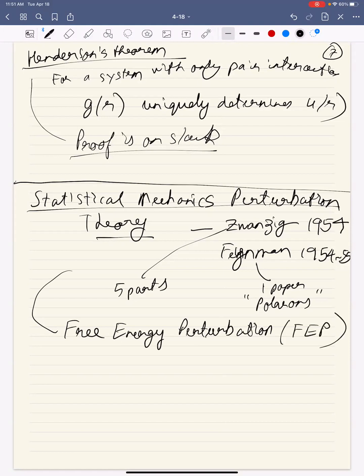There is a company known as Schrodinger, which basically made a ton of money out of this. They are a publicly traded NASDAQ company. One of their best-selling products is free energy perturbation, which almost every pharma company uses before they actually go and make drugs in the lab, to screen how something will bind. It also goes with the very fancy name of computational alchemy.